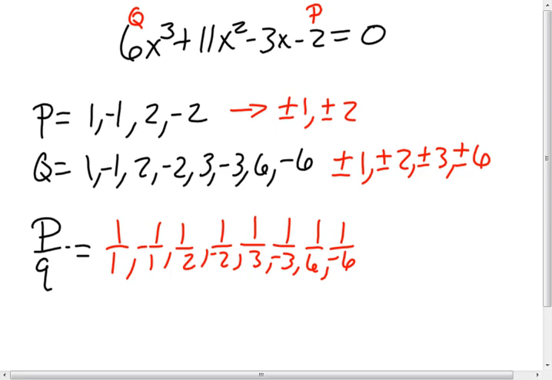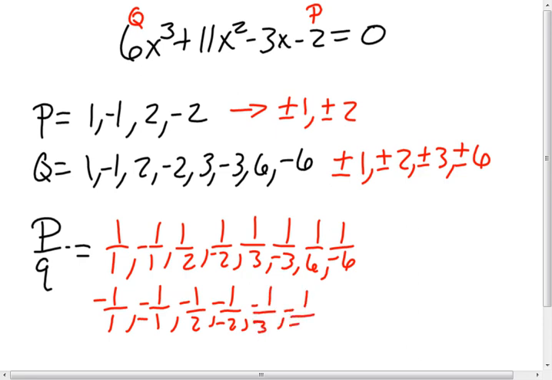Now we repeat the process, and we use the next value of p, which would be negative 1, and we would do negative 1 over 1, negative 1 over negative 1, negative 1 over 2, negative 1 over negative 2, negative 1 over 3, negative 1 over negative 3, negative 1 over 6, negative 1 over negative 6.